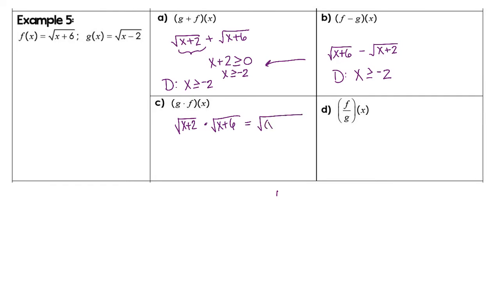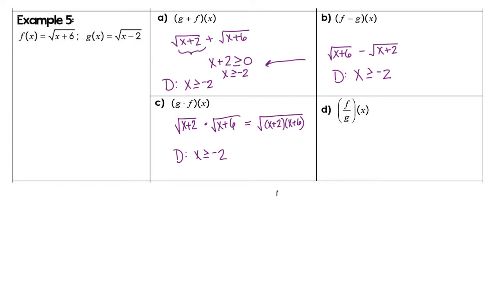So that is the square root of x plus 2 times x plus 6. And then our domain here, again, you are looking for the smaller of the two. So it is again x plus 2, so that is going to be x is greater than or equal to -2.